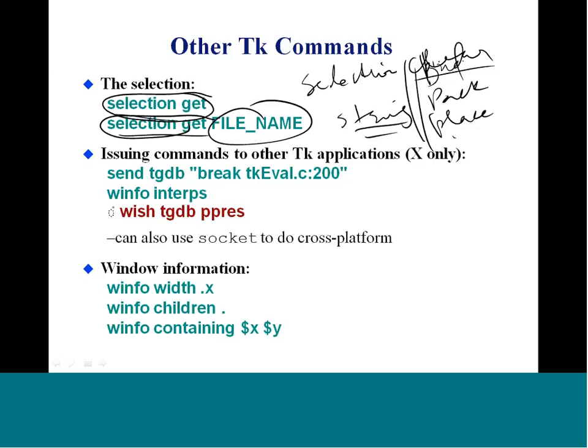The selection values are then passed into that particular command. Then there is the selection own command, which gives the path name of the window that owns that particular selection.